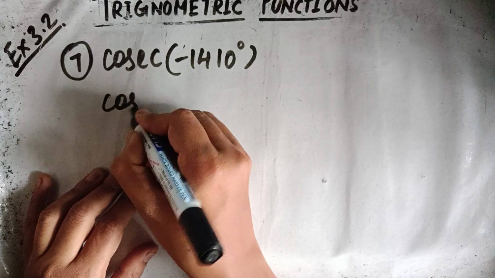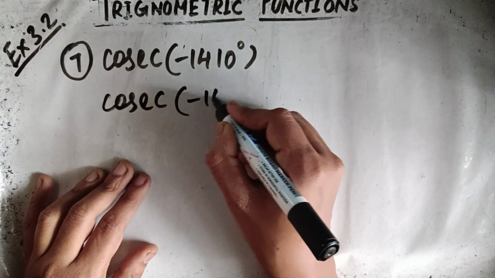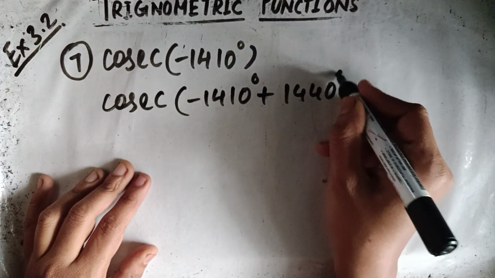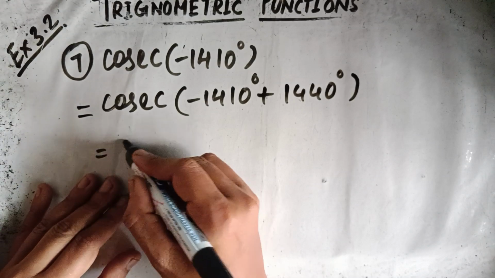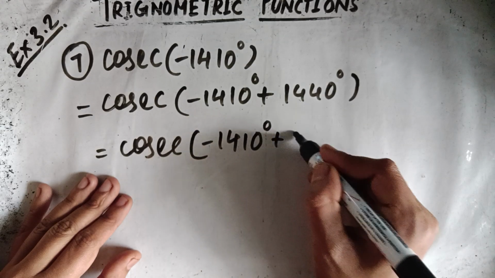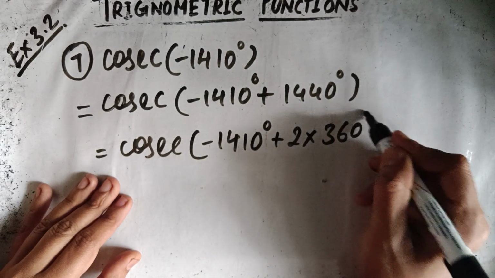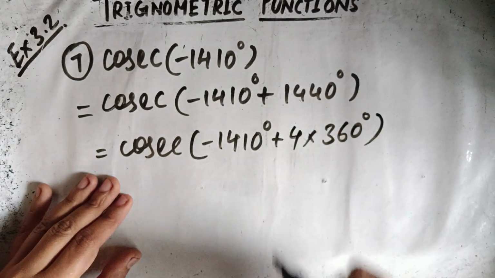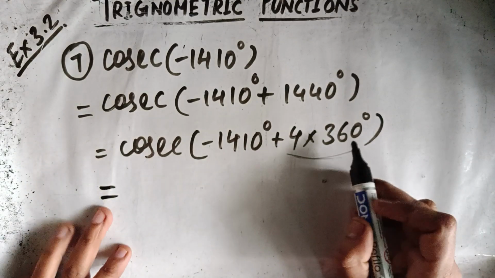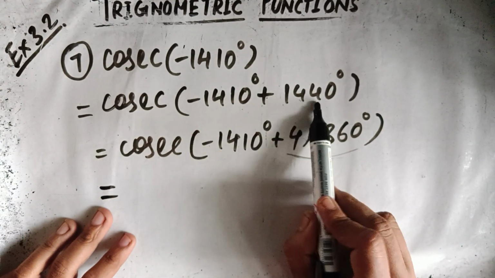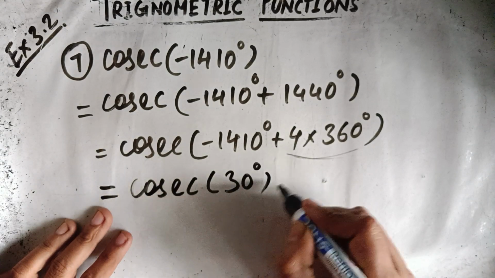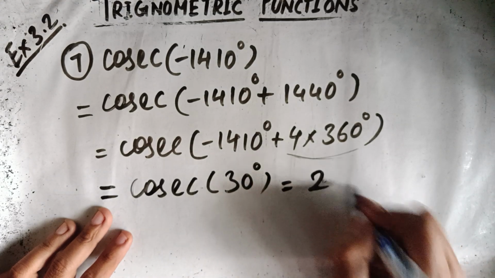We can write this as cosec of minus 1440 plus 30, which is nothing but 4 into 360 degree, right? So this we consider as 0. Okay, but we want this value. So we'll take this as cosec of 30 degree. Okay, which is nothing but 2.